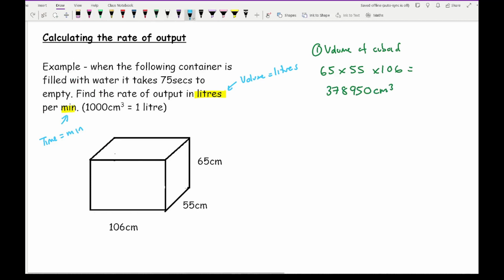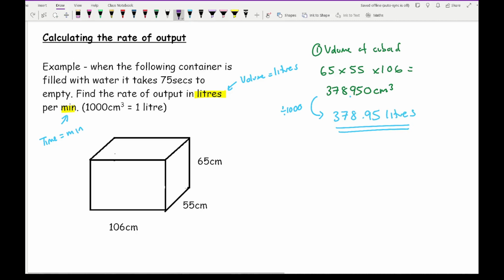From this, what I then need to do is convert that into litres. So if I divide that by 1000, which is just moving the decimal point 3 places, that gives me 378.95 litres. So that there is my volume.